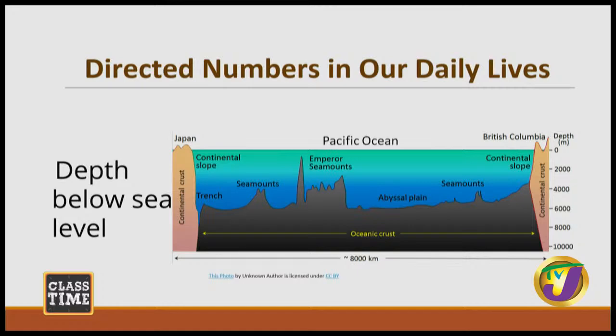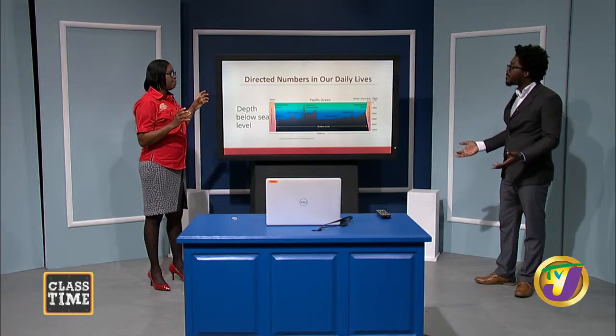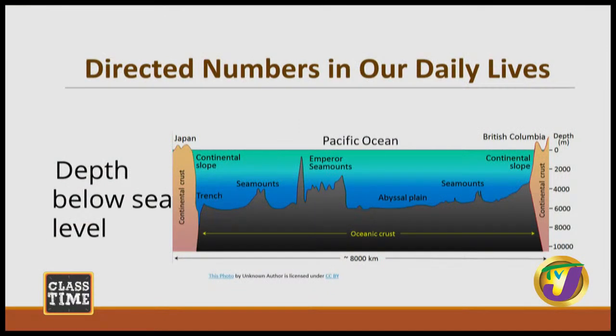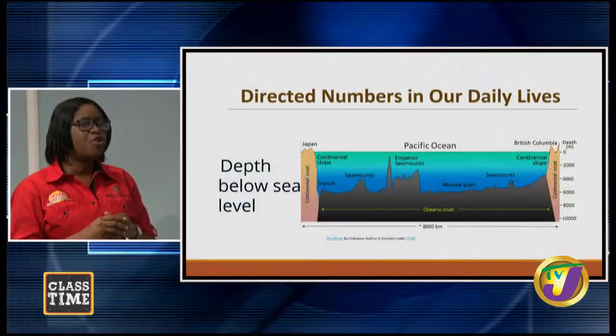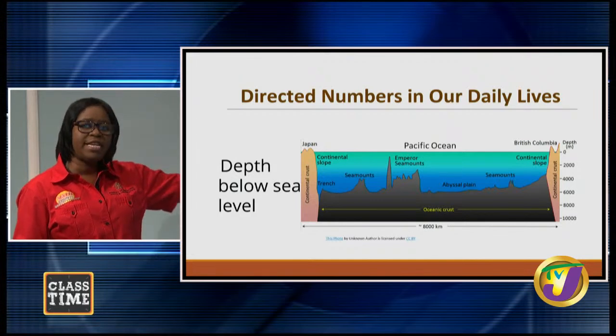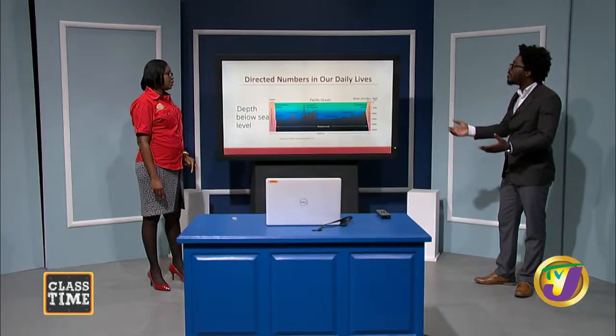So, Burrell, if I were to say to you, I am 1,000 meters away from sea level, how would you know where I'd be? I don't know, because I can move upward or I can move downward 1,000 meters away. Okay, so it therefore means I have to be specific. Yes. And we get specific when we apply labels in mathematics so that we can be precise in our communication. So I need to say I am 1,000 meters above sea level or below sea level. And that way I will know which direction to travel. Yes. Sweet.